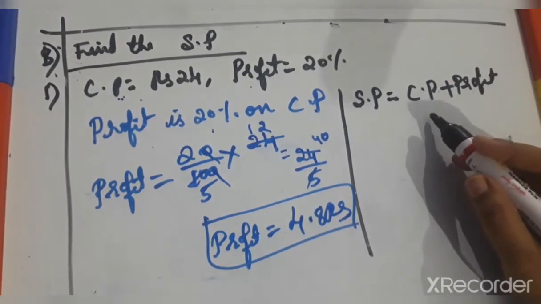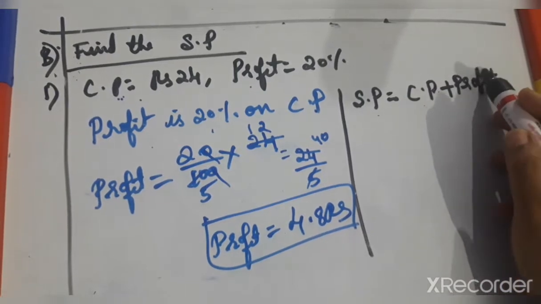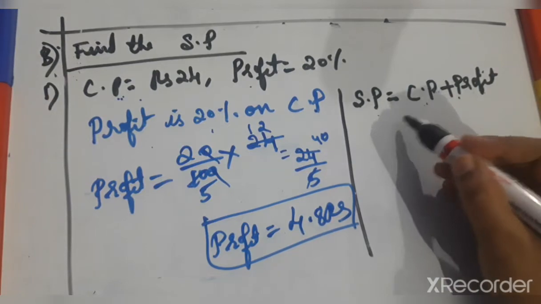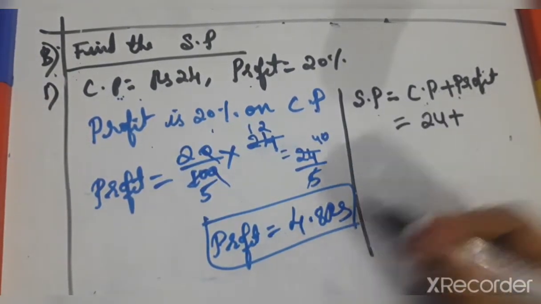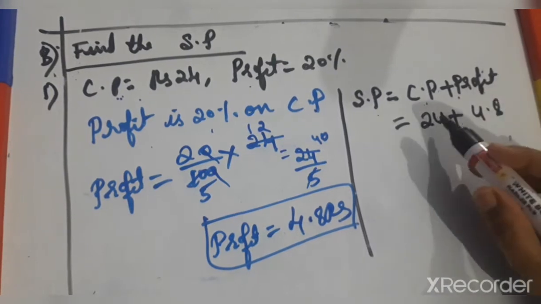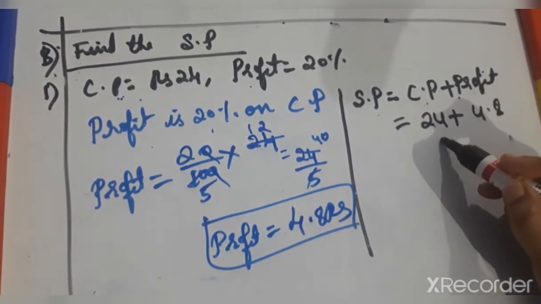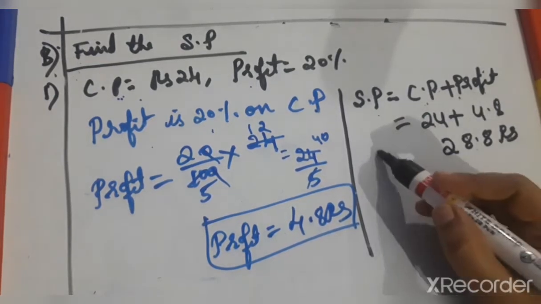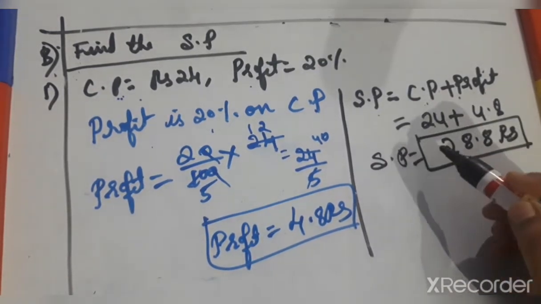If loss, then cost price minus loss. So here CP is 24 plus 4.8. So 24 plus 4 is 28 and 0.8. Answer: selling price is rupees 28.8.